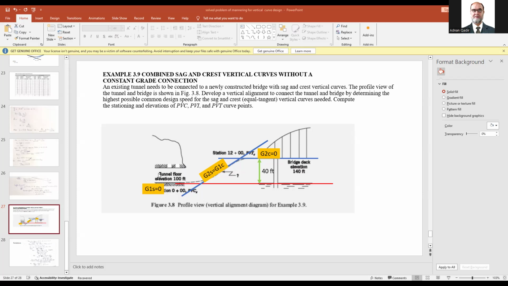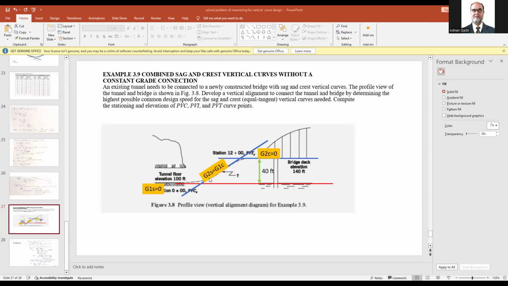So obviously for that, when we are traveling, and this is a profile view, you can see that we were at this tunnel that has an elevation of 100 feet, and then we have to go to this bridge that is 140 feet.